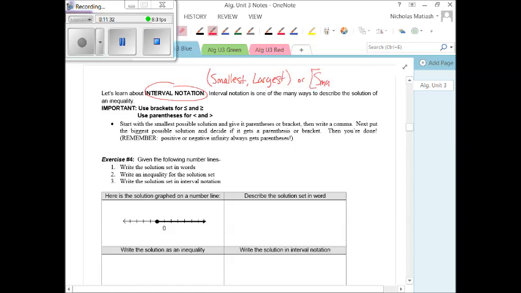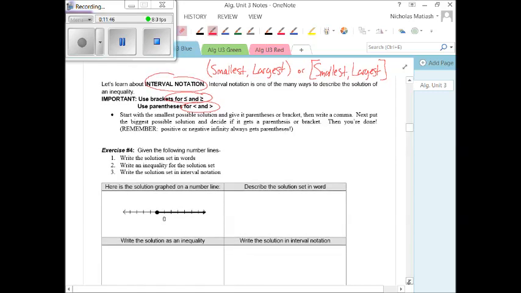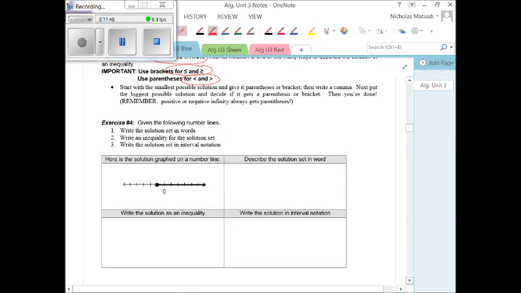Okay, interval notation is something we're going to see throughout this unit. It's really just a way to represent a solution for an inequality. I think you should write this at the top of your paper: smallest comma largest. So interval notation essentially is used when we have a clear starting point and a clear ending point to a set of solutions.